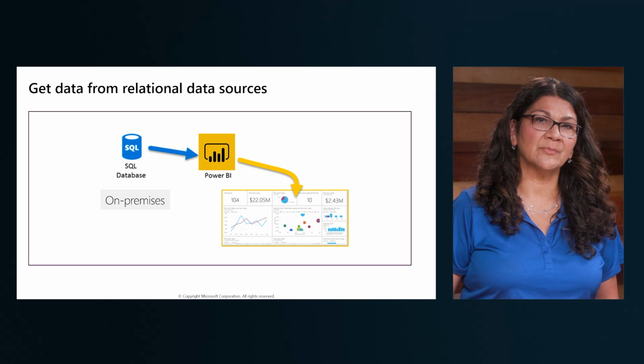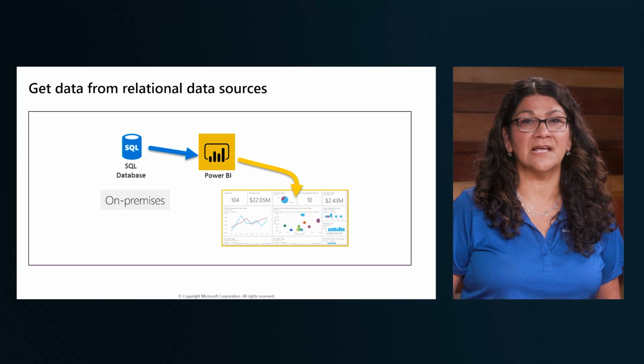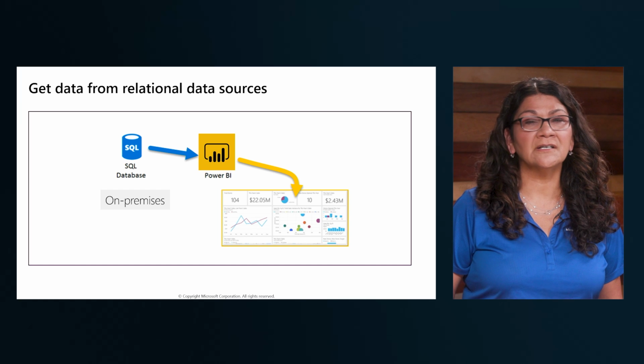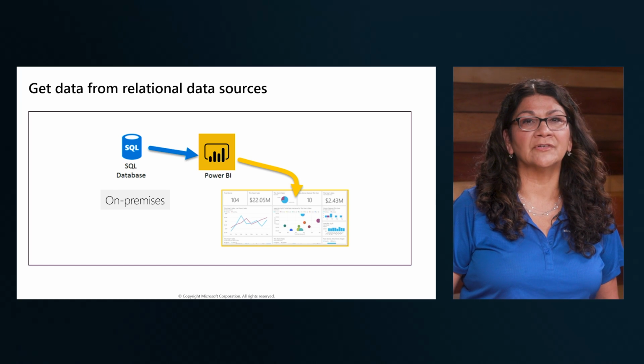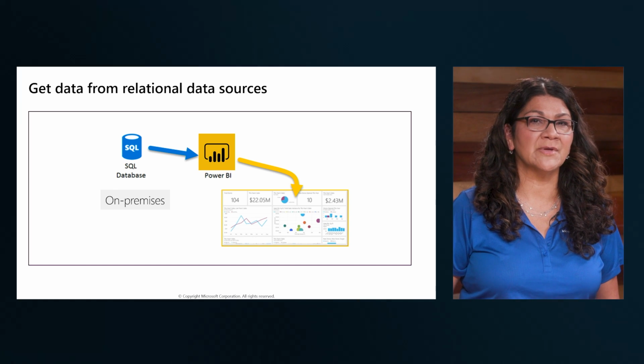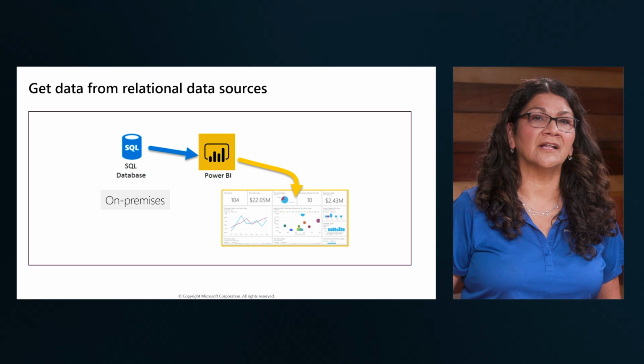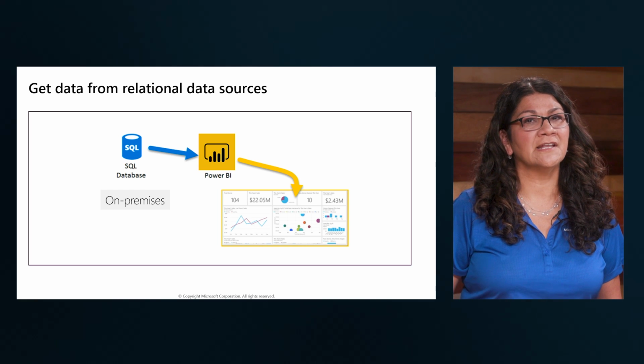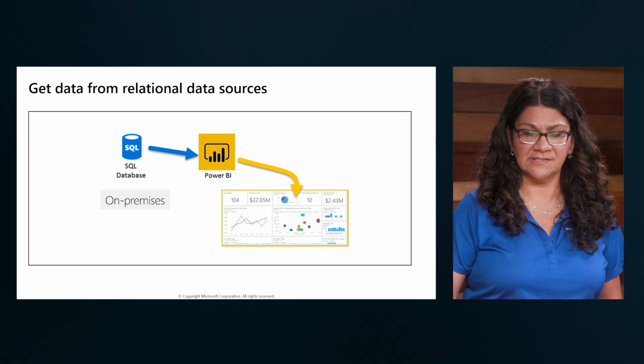Power BI Desktop can connect to many relational databases that are either in the cloud or on-prem. However, to connect to a relational database on-prem, you will need to install a data gateway. More on the data gateway later in our course.